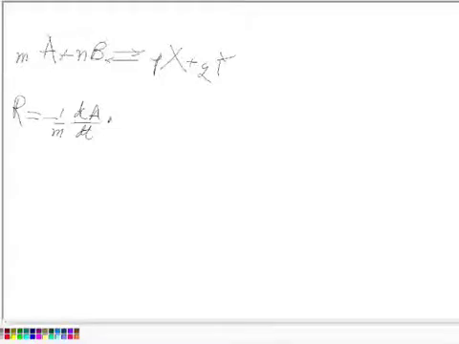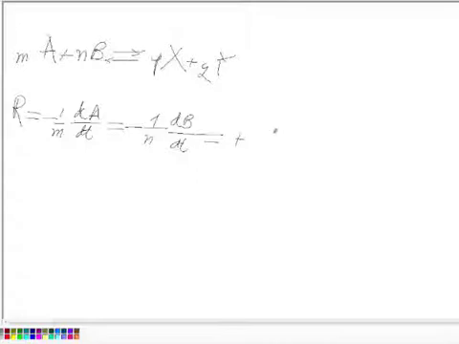That also equals minus 1 over n, dB per dt. And also that equals plus. Why plus?